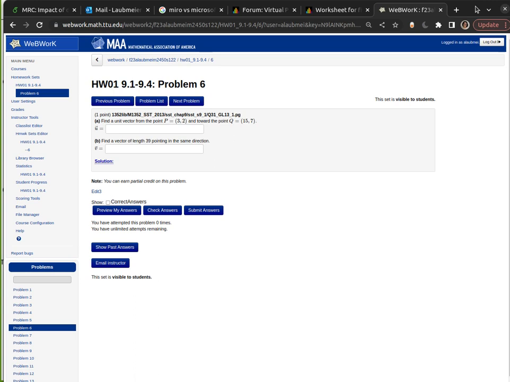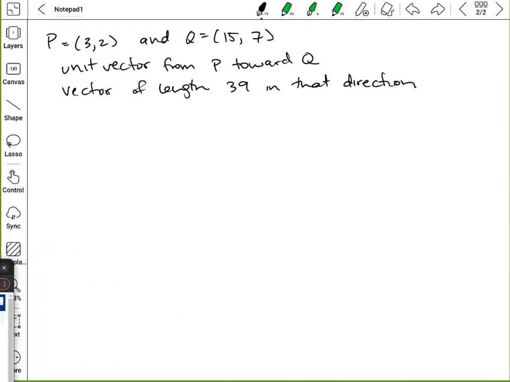And I'm looking for a unit vector from P toward Q, and then a vector of length 39 in that direction. While I was reading all that out loud, I wrote it right here just so that it would be saved somewhere.